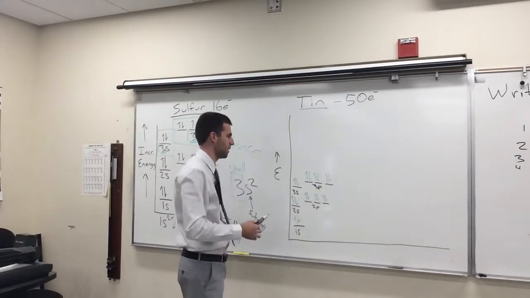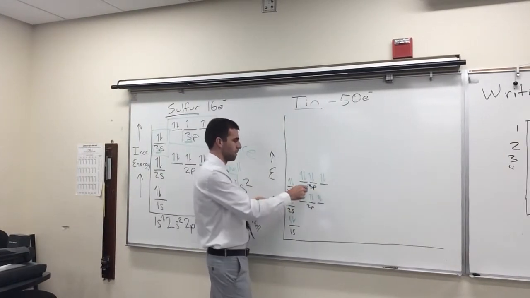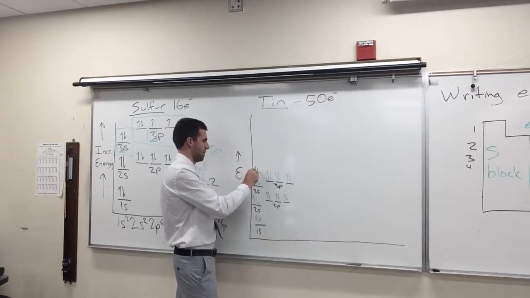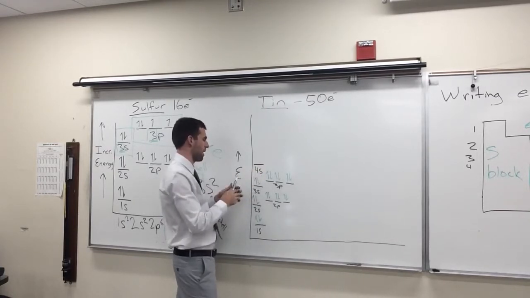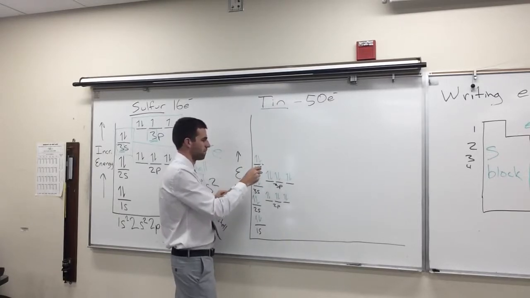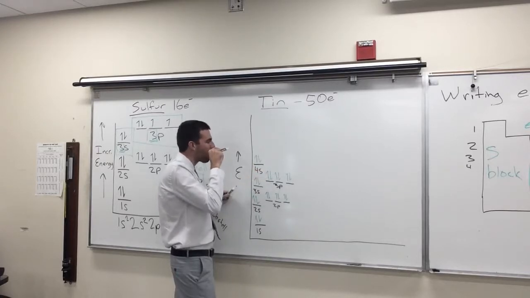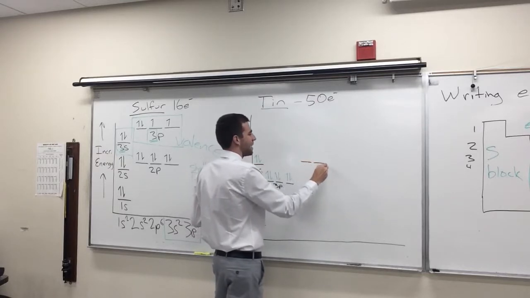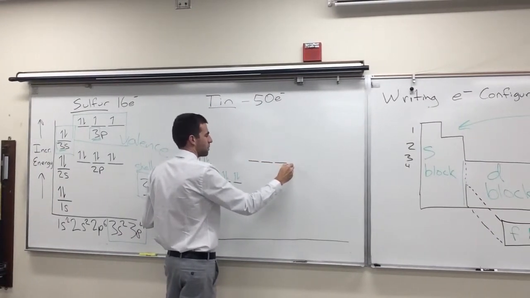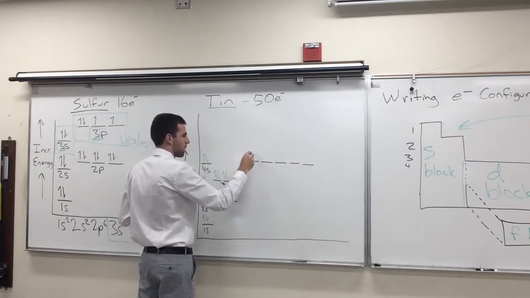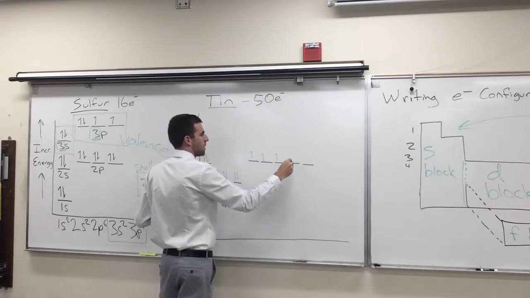So now 3p6. What's next? 4s2. Very good. 4s has what? 2. Now what? 3d. Why? Because it fills the highest energy first, right? 1, 2, 3, 4.